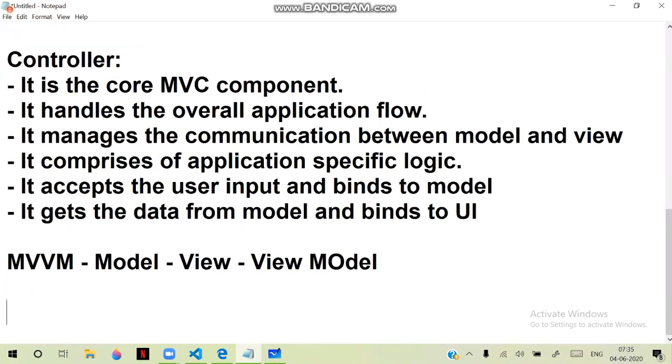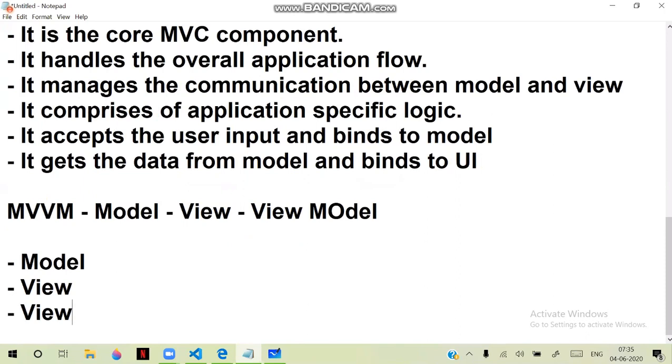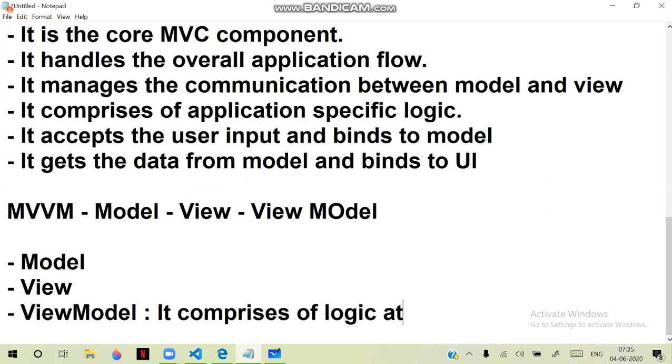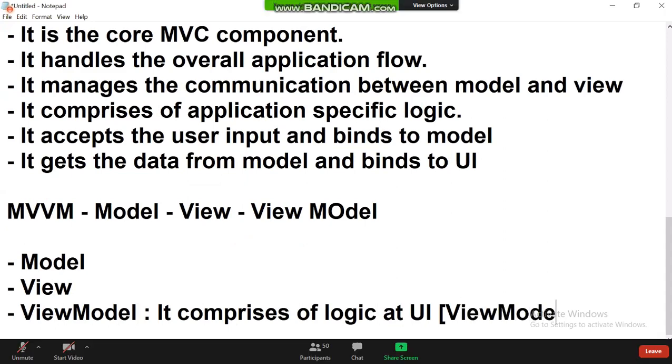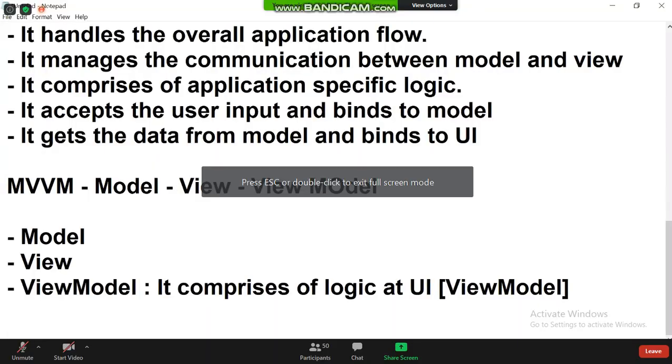The model is the same and the view is also the same, and the view model comprises the logic at UI. So logic at UI, and the rest of the points you know.